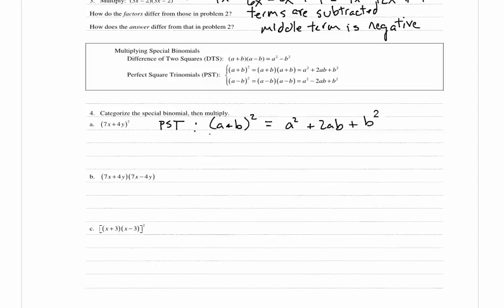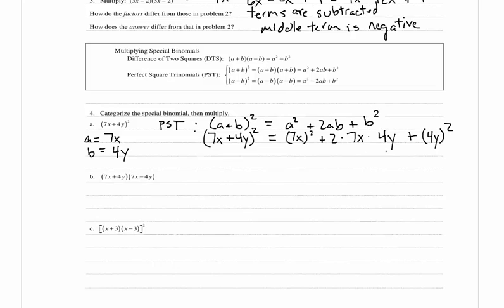So then we can say that 7x plus 4y squared is equal to, now in our problem, a is equal to 7x, b is equal to 4y. So we're going to have a squared, 7x squared, plus 2 times 7x times 4y, plus b squared, 4y squared.